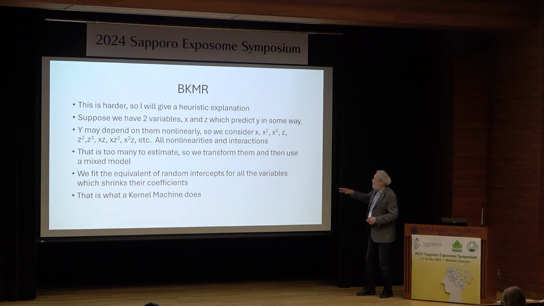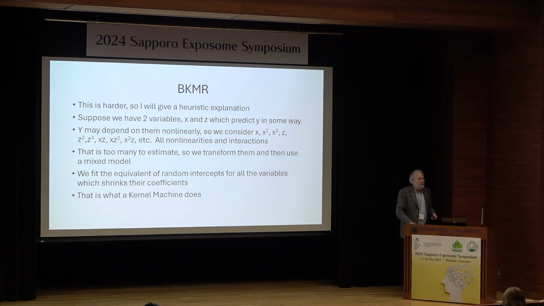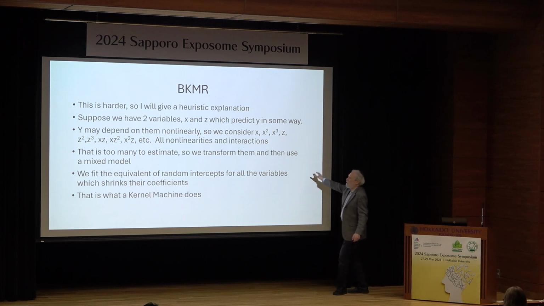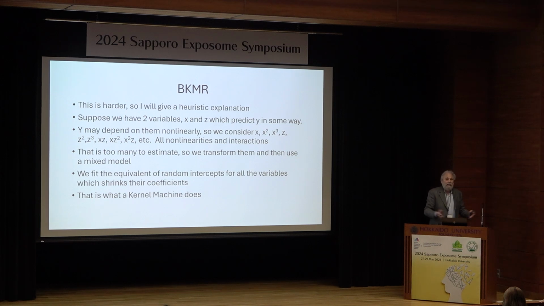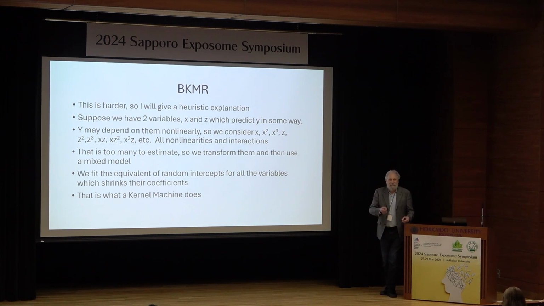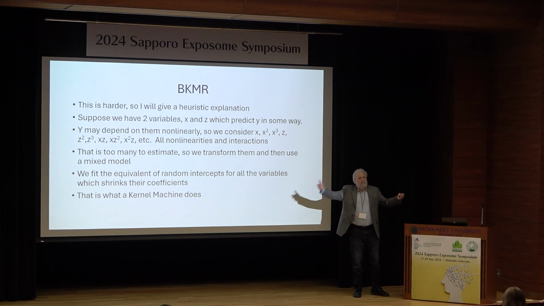So, first of all, we transform them into something that's called a Hilbert space. I've now said that. I will not say anything more about it. And we put them into a mixed model. Because what a mixed model does is you can say some effects are random. Like if you were fitting a longitudinal analysis of multiple measures in a person, you would have a random intercept for that person that captures the fact that their lungs on average are bigger.